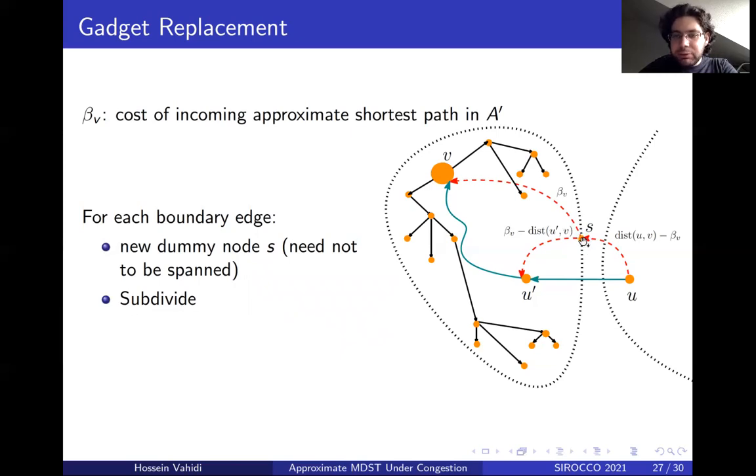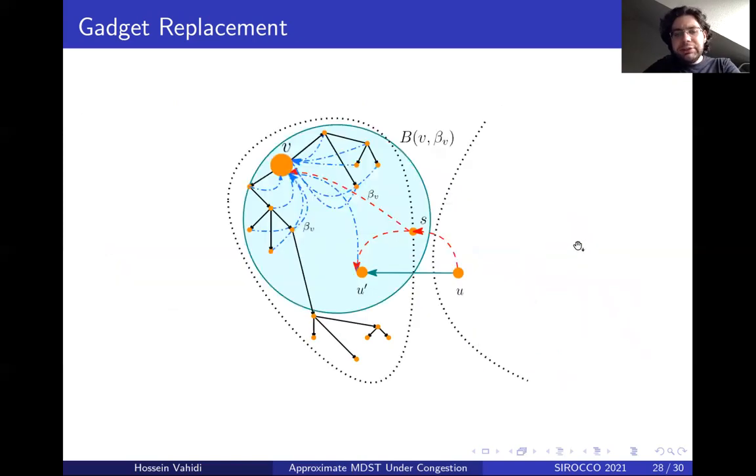We want this to be connected to the main node V by an edge of weight beta V, just to make sure that this node is inside the ball and will be contracted by the exact algorithm whenever we run it on this graph. So what we want here is to make sure that all the nodes inside the ball will remain inside the ball and get contracted by the exact algorithm.